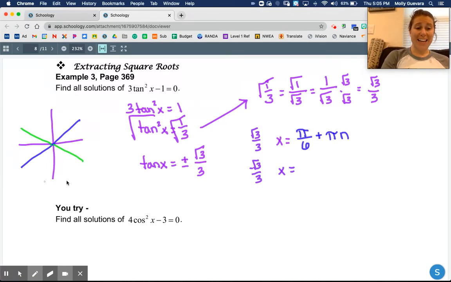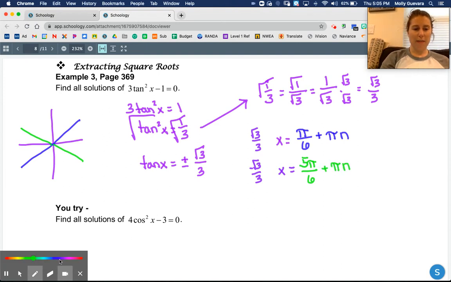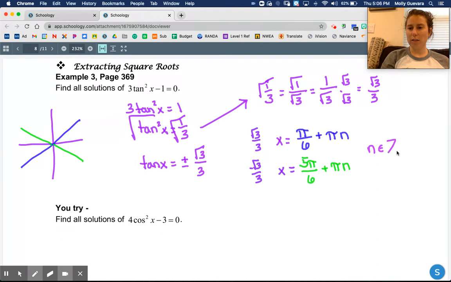So then again, I can just keep adding pi and pi, right? But I have to know what this is. It's 5 pi over 6. Because I can just keep adding pi to go halfway around the circle, I can just say plus pi n. And then we have to remember that n has to be in the set of all integers.